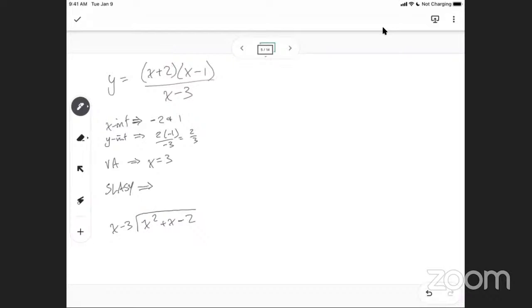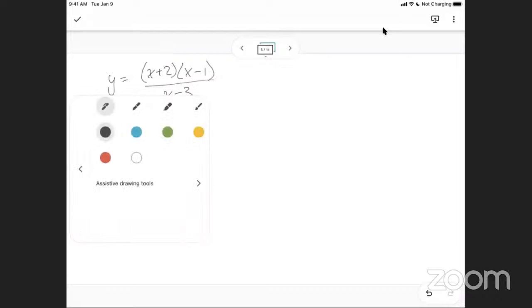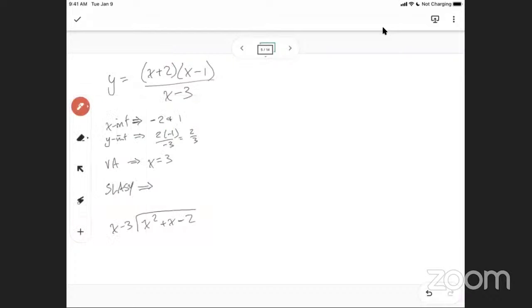So this is how you do it. You do long division. Now, do you remember how to do long division with polynomials? Not really. So I'll show you how. I'm going to take this and divide it by this, and that goes here. How many times does this go into this? You get x. Now take that and multiply it and put it here.